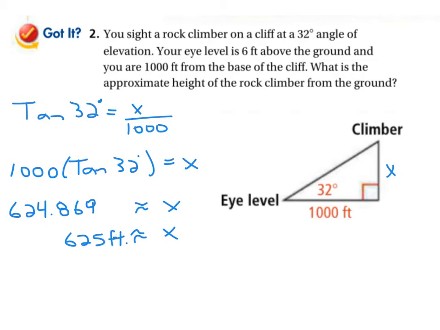Okay, now the trick is your eye level is 6 feet above the ground, so we need to take that measure into account, because remember, x isn't the total height of the climber, that's just the climber from your eye level up to them. You're already 6 feet above the ground. So you take 625 plus that extra 6 feet, and you get 631 feet.